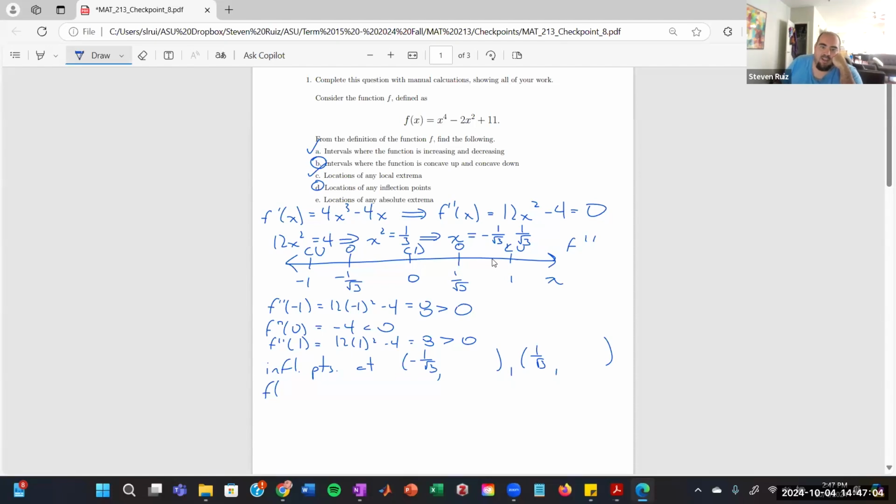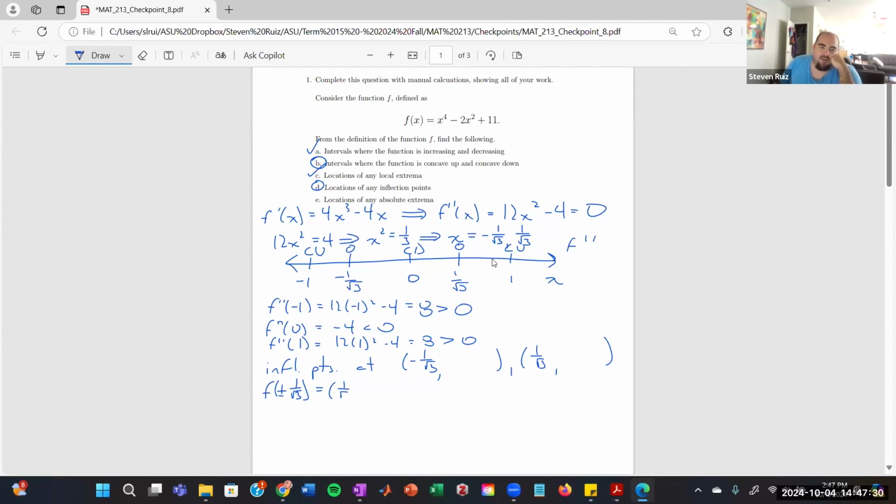Here's something I'm gonna do to save a little bit of time. These are gonna be the same because hopefully I can convince you of this. These are the same, up to the negative sign, right? So -1 over radical 3, 1 over radical 3. If I raise those both to even powers, they're both going to become positive and they're both going to be the same thing. So because of that, I'm just going to do one of these.